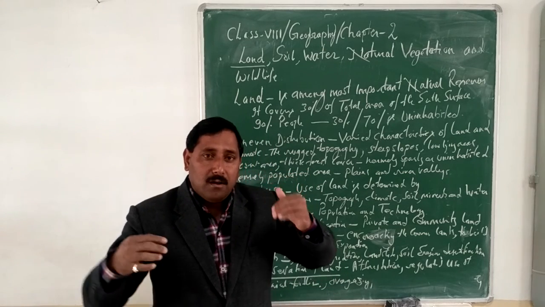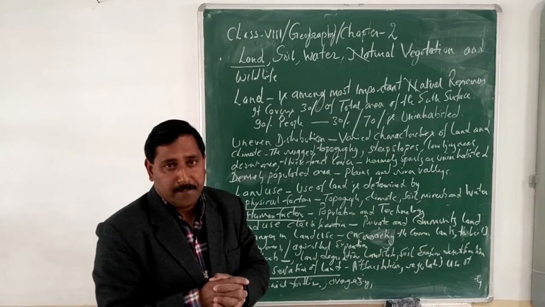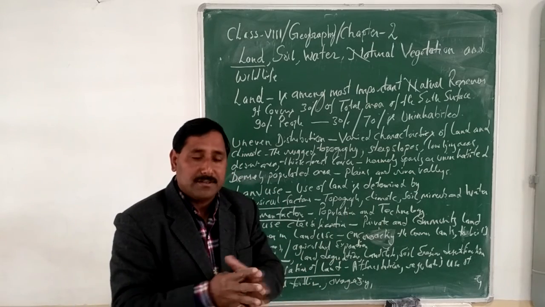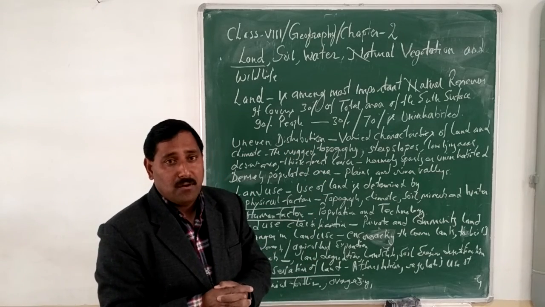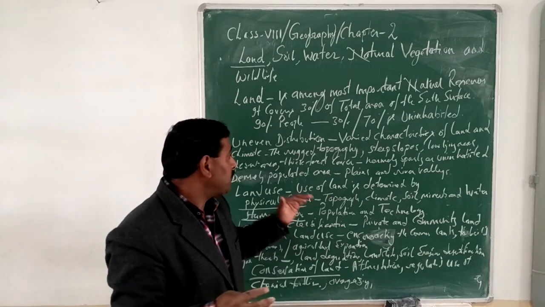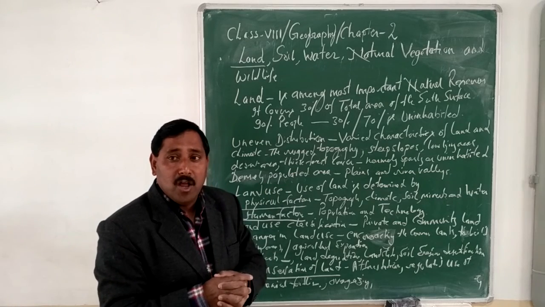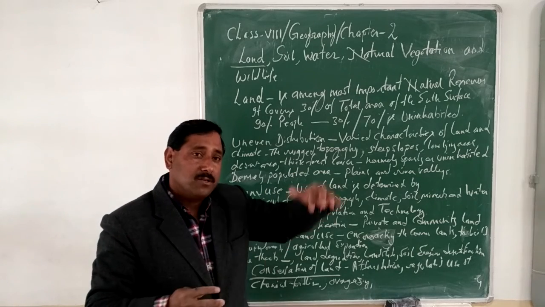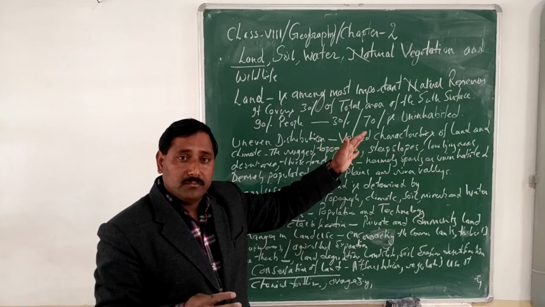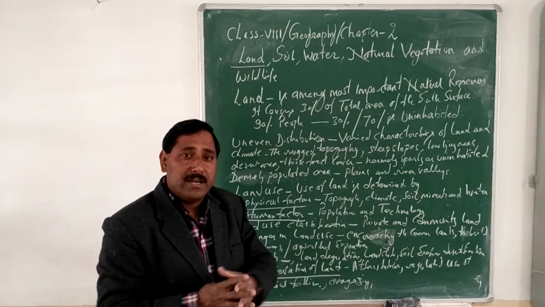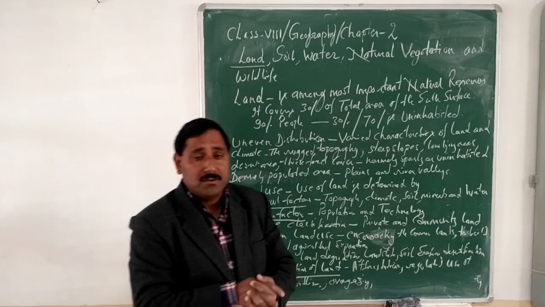Even the clothes which we wear, that also differs accordingly as per the climatic condition. People use different types of clothes in the desert parts. People use different types of clothes in the high altitude where the places are very cold. You go to moderate climatic condition, they wear different types of clothes.